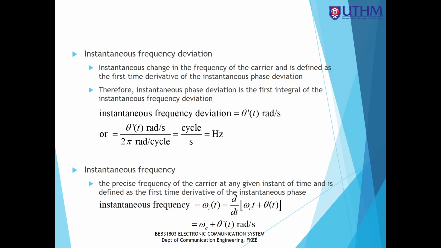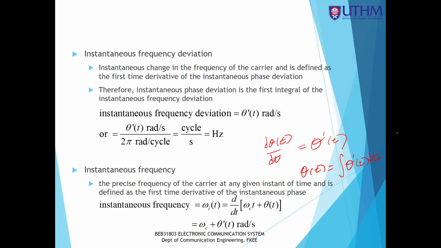And then we have another parameter what we call theta prime t. So theta prime t is the first derivative of theta t. If you do the first derivative of theta t, d theta t over dt, you will get this theta prime t. And again, if you want to find theta t, you need to do the integral of theta prime t, so integral of theta prime t dt.